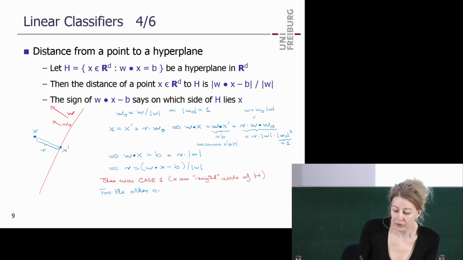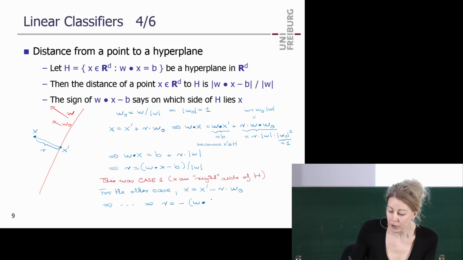For the other case, we have x equals x prime minus R times W. And then when we do the same math, you will get R equals minus W x minus b times W. End of proof.